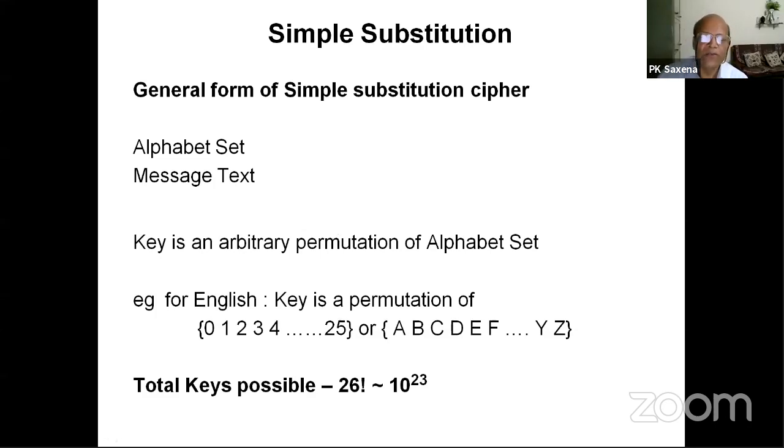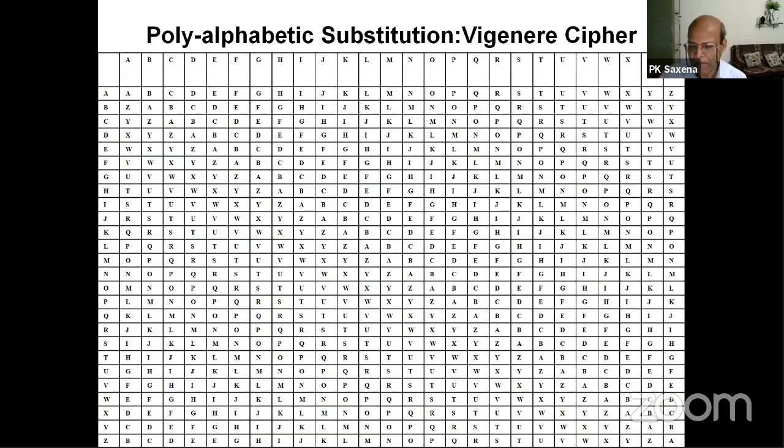These days, these permutations are used as a precursor or pre-formatting kind of thing, and of course in some other forms as well. So this is the polyalphabetic Vigenere cipher. I'm not going into detail, but here, instead of using one permutation for encryption, there are 26 permutations.